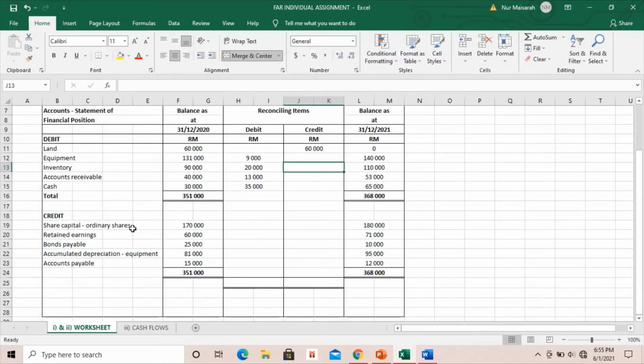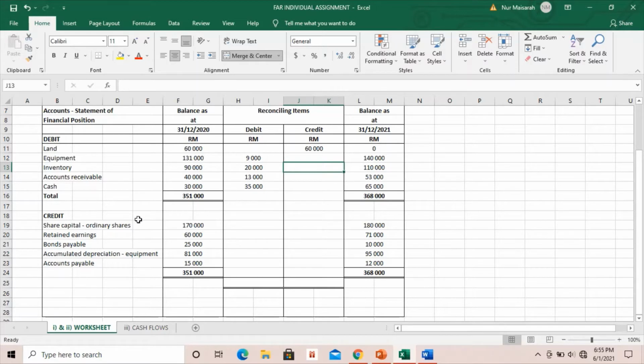Alright, for credit accounts, if the beginning balance is more than the ending balance, the account will be on the debit side, while if the ending balance is more than the beginning balance, the account will be on the credit side.